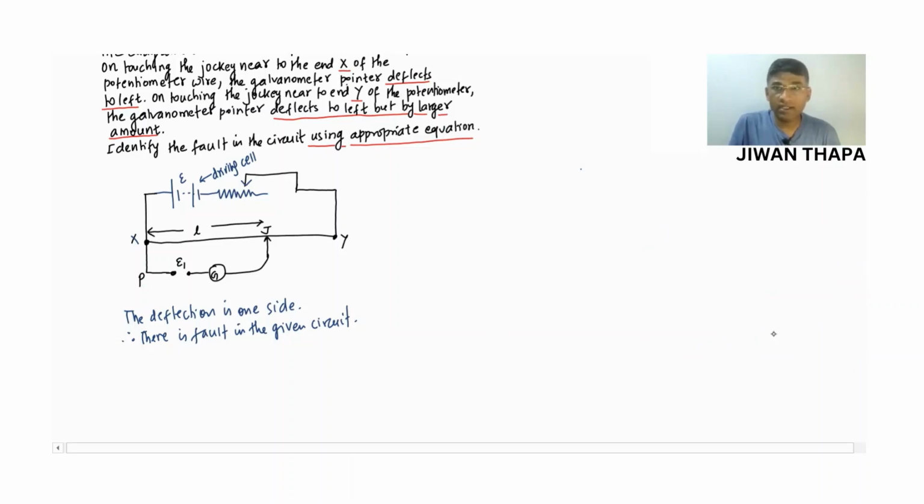Now, as I said earlier, the fault occurs when E is less than E1. Next, I'm redrawing the given circuit over here, okay?